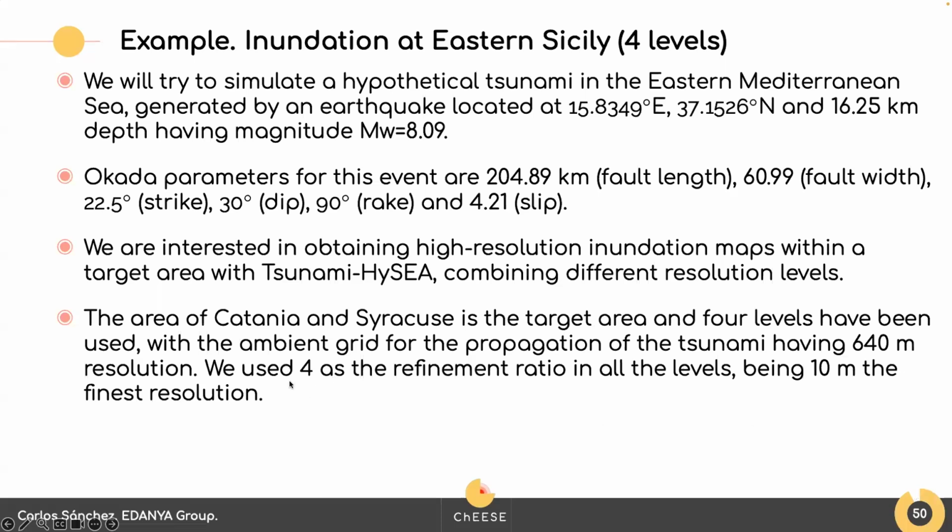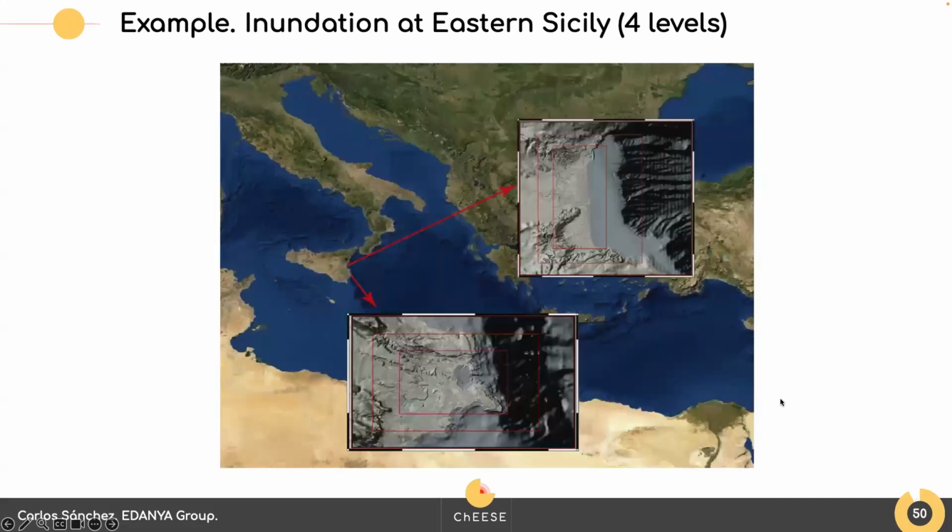We are going to use 4 levels with 4 as the refinement ratio. So we are going to pass from 640 to 160, then to 40, and then to 10 meters of resolution, okay? By using 4 levels in order to pass from 640 to 10 meters, okay?